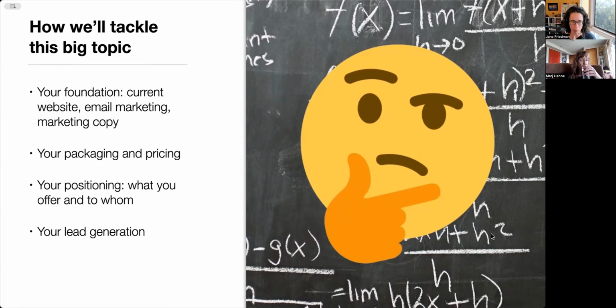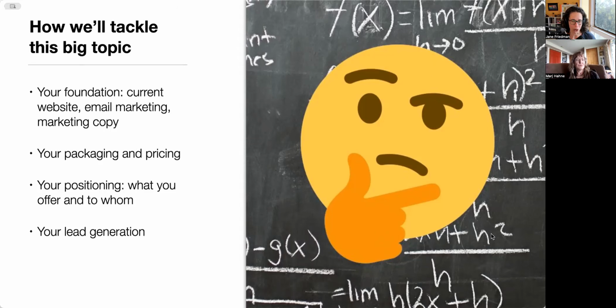it's absolutely imperative that we look at the foundation that you're presenting to those people. That includes the website where people find out about the classes, the emails that you're sending out, and the marketing copy for those classes. Then we want to look at the packaging and the pricing of what you're offering. Is there anything that would especially help you with the earnings side of this?